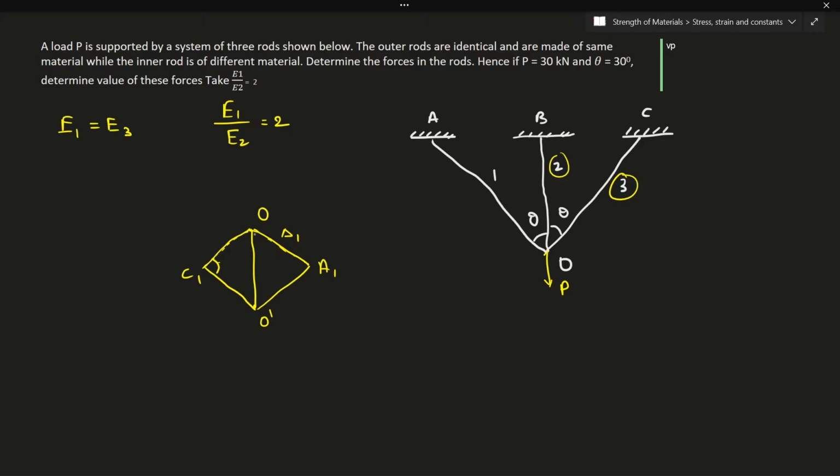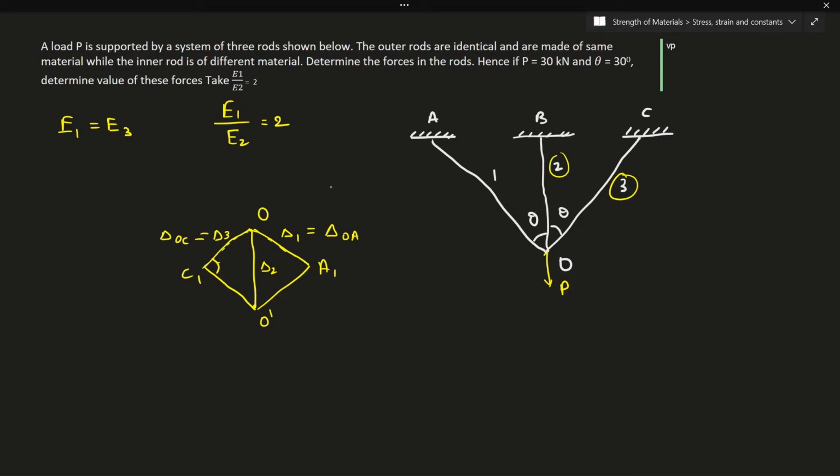I'll call OO dash as delta 2, and I'll call OC1 as delta 3, right? So delta 1 will be equal to the elongation delta OA, delta 3 will be nothing but the elongation in the member 3, that is delta OC, and delta 2 will be nothing but the elongation of the member 2, that is delta OB.